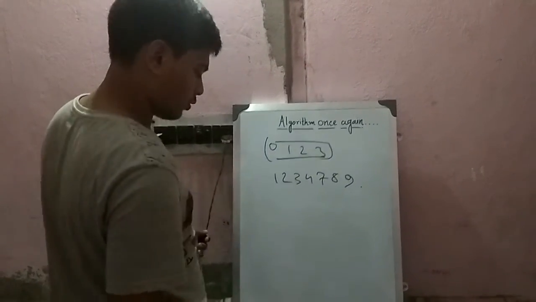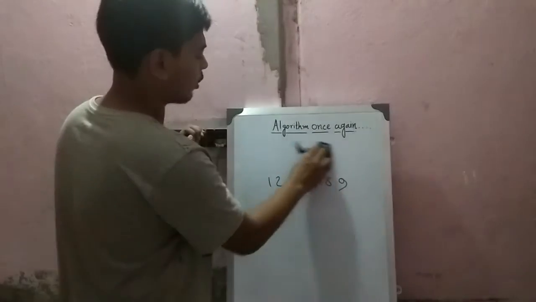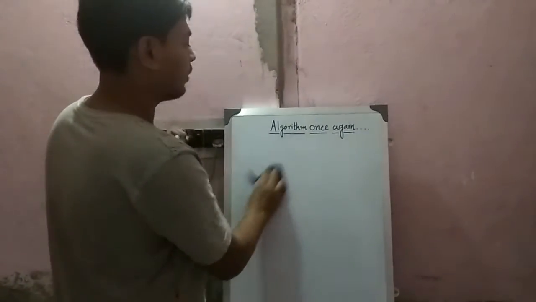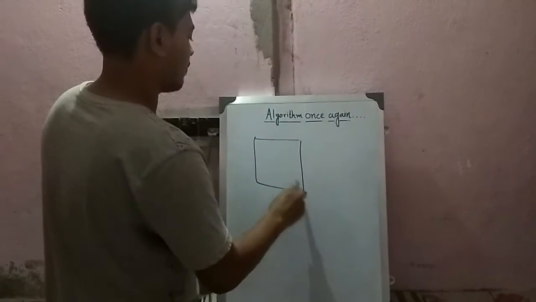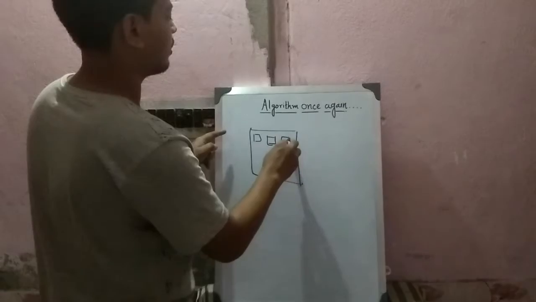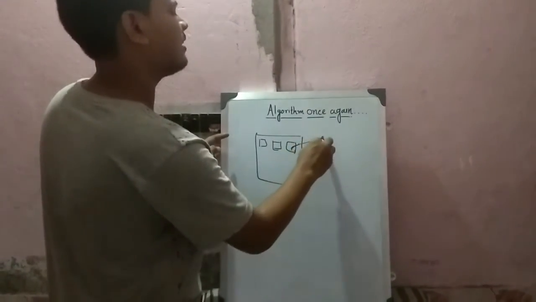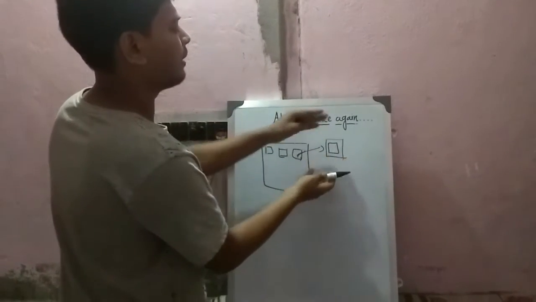To solve a problem, we say it is a big problem. But if you break the problem into smaller parts, you will find that each smaller part is like a basic structure. It's like a basic building block.